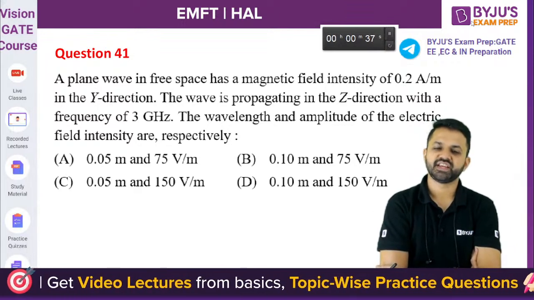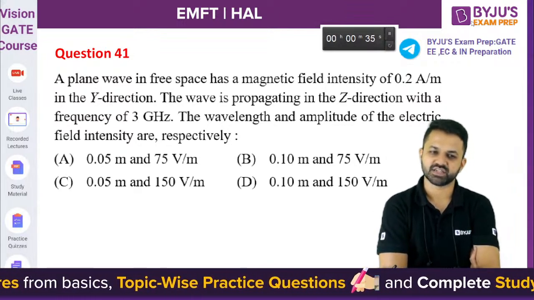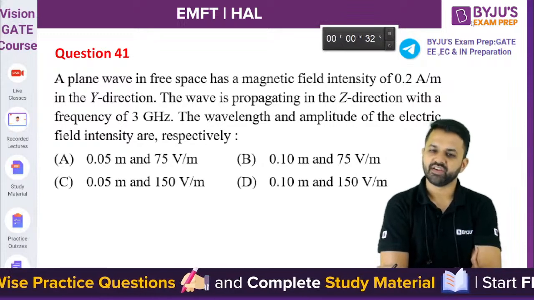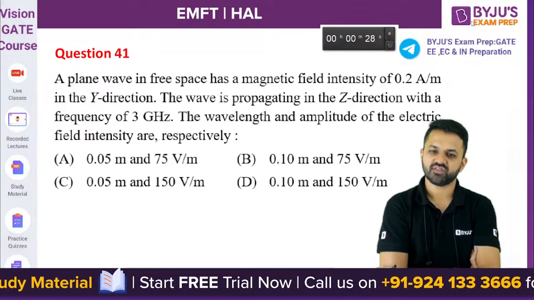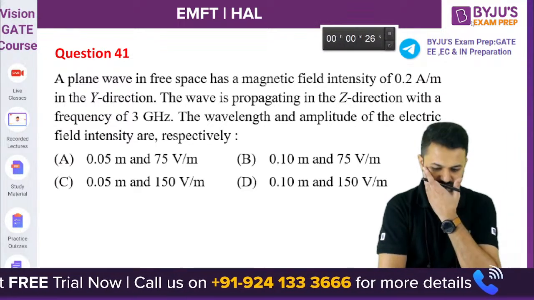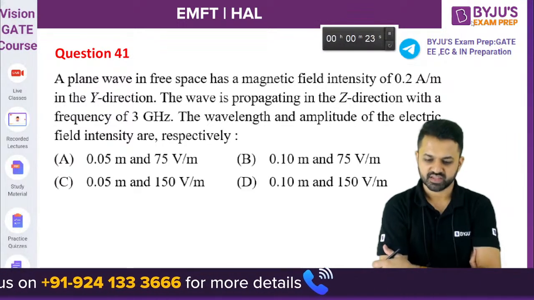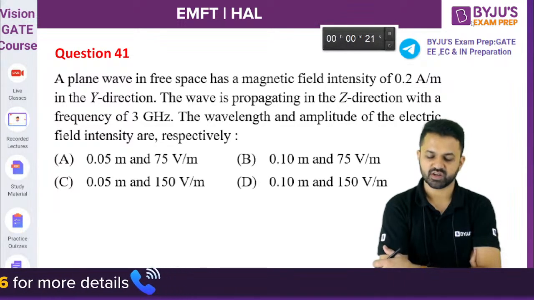A plane wave in free space has a magnetic field intensity of 0.2 in the y direction. The wave is propagating in the z direction. Frequency is 3 gigahertz. You have to calculate the wavelength and the amplitude of the electric field.